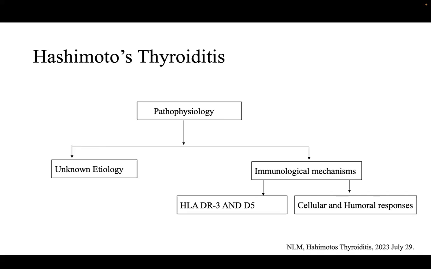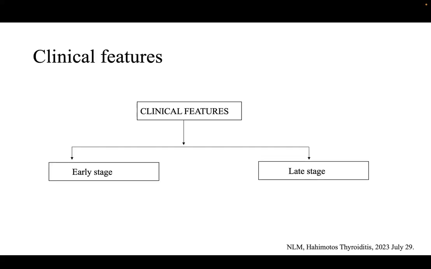The activated B lymphocytes produce the TPO antibodies and thyroglobulin antibodies, which cause the destruction of thyroid tissue. In terms of clinical features, early stages, they could be asymptomatic, and there could be a painless goiter.